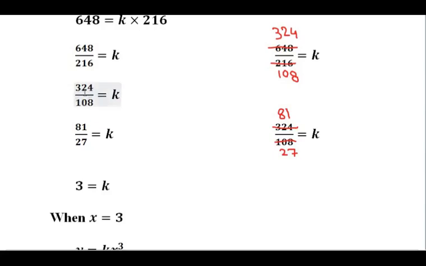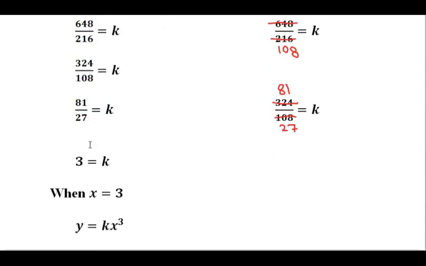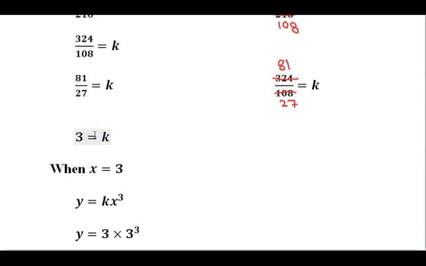So 324 divided by 4 equals 81. And if we divide 108 by 4, we get 27. Now constant k equals 81 upon 27. Since 81 is divisible by 27, 27 times 3 equals 81. So the value of constant k is 3.